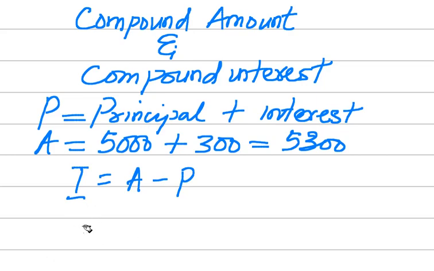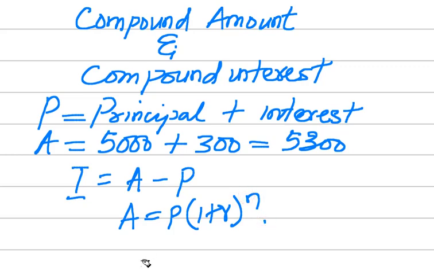Compound amounts have a general formula. This is a math that deals with formula, and you should understand that formula mathematics are very easy to handle. It's a question of what the formula is all about, then you are able to resolve it. The formula says A is equal to P bracket 1 plus R all raised to power n.